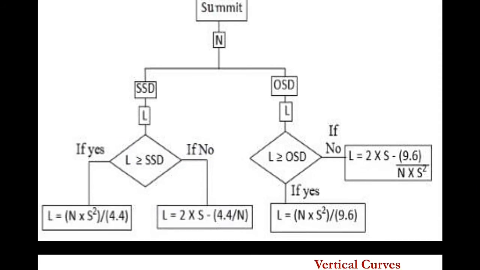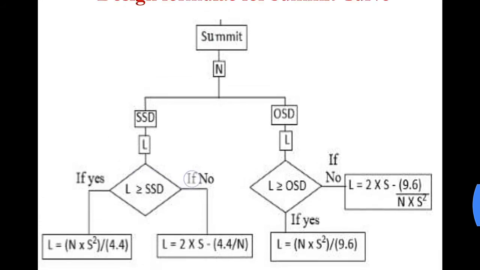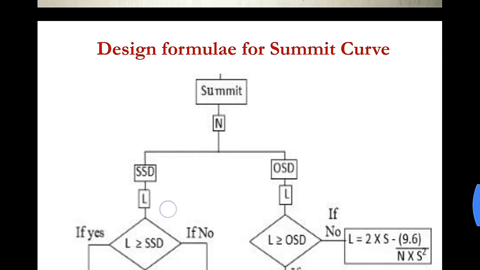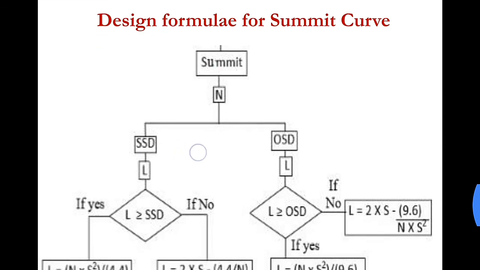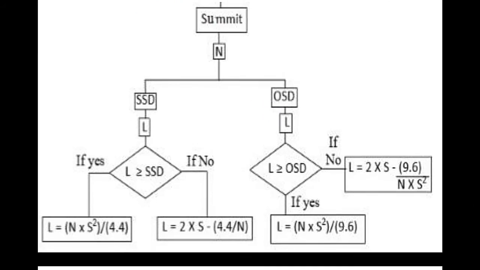Now this is initially an assumption, since we do not know the length of the summit curve at the start, but we do know the SSD value. We can find that out using the formulas used for stopping sight distance, or it might be given in the question.